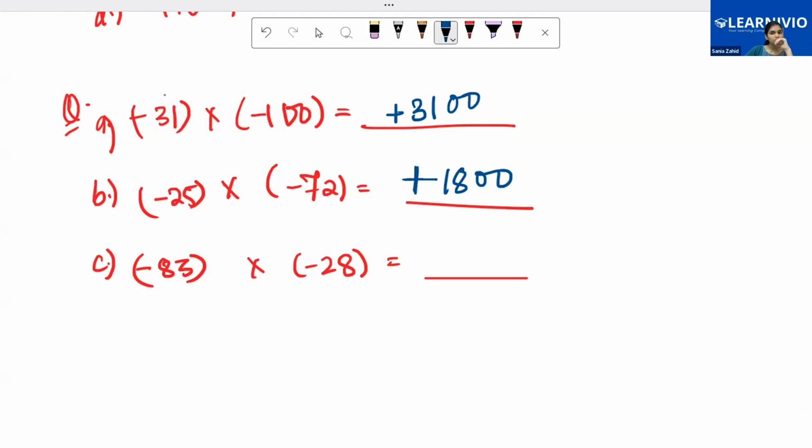I didn't finish the last one. No, this is the second one. What is the last one? Answer. 83 into 28. I'm doing the last one. Okay. Do it.